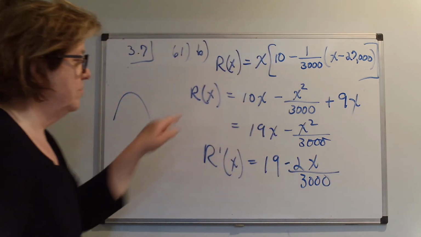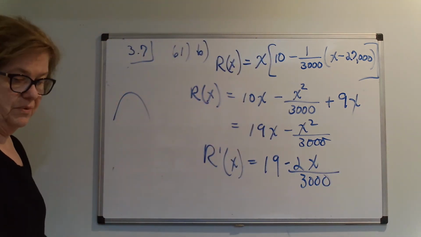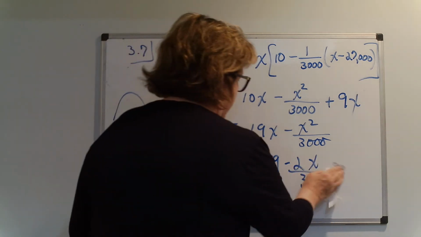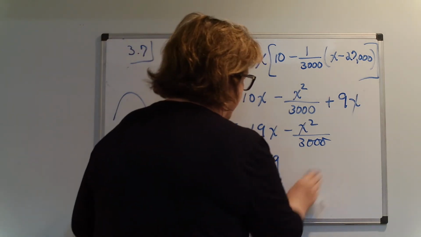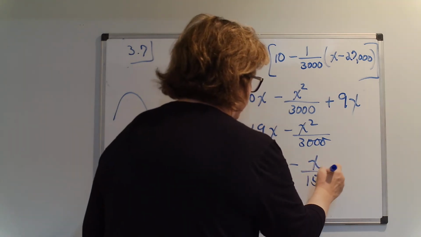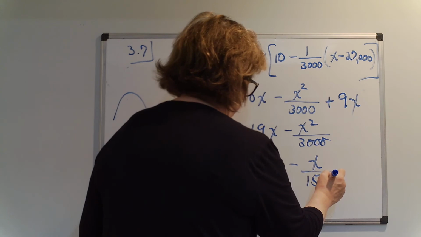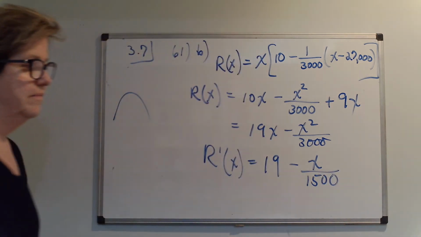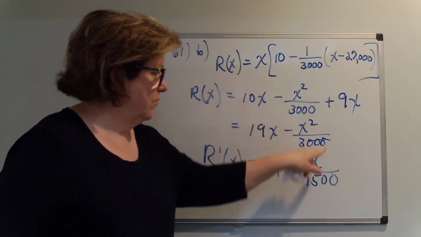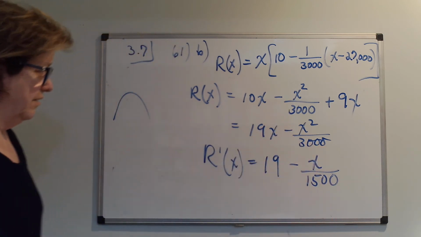So all we have to do is bring the 2 down, decrease the exponent by 1. So I'm going to rewrite this as minus x over 1,500, excuse me. Because I brought the 2 down, 2 goes into 3,000 and leaves 1,500.